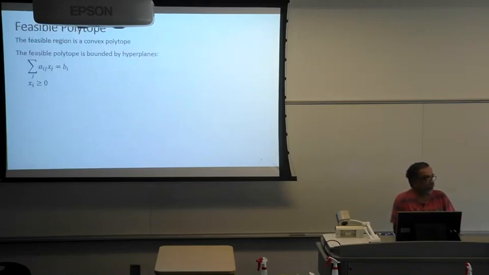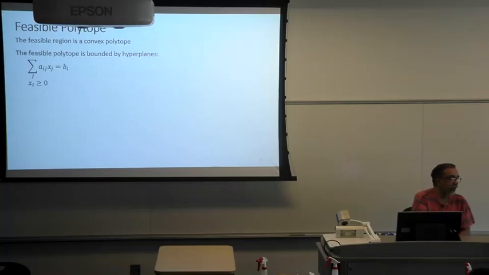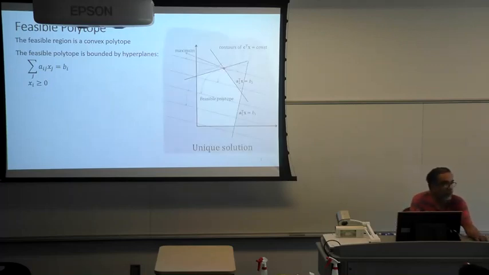Now, the feasible region is a convex polytope. Each row of this, the summation of aij xj equals bi, is one of these straight lines here, but they will be n minus 1 dimensional planes in general when this is n dimensions.